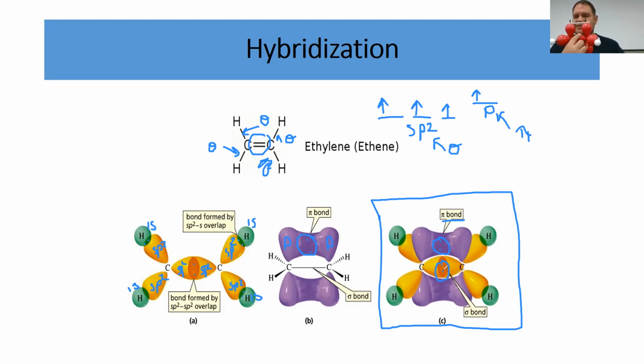One is a sigma bond, where we have the overlapping of 2 sp2 hybrid orbitals, one from each of the carbons. And then our pi bond is formed by the p orbital here and the other p orbital here that are parallel, that are on the y-axis, and are forming this overlap here. You can also see the bottom overlap, which is represented by this, and that will help to create our pi bond, okay?